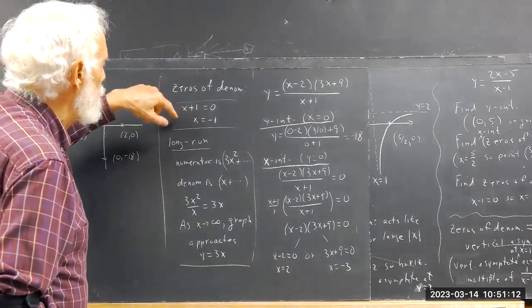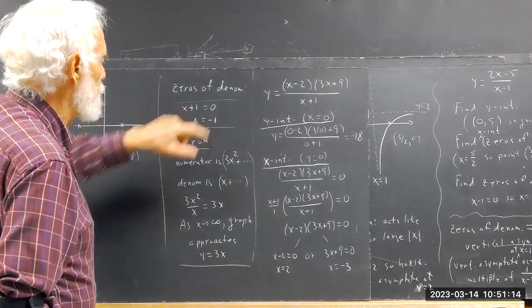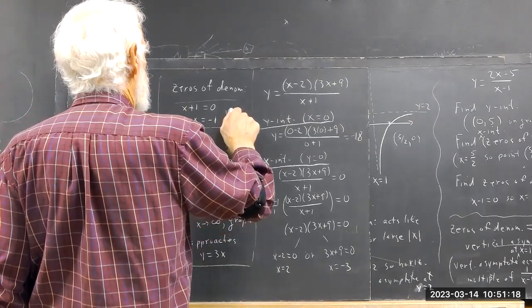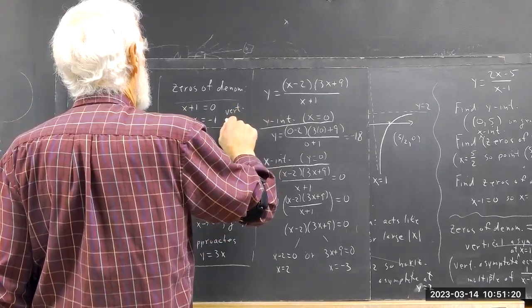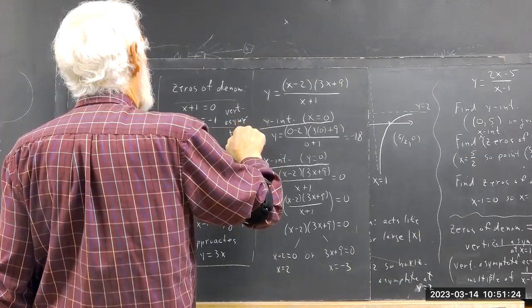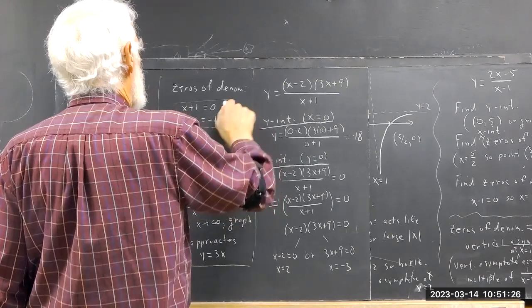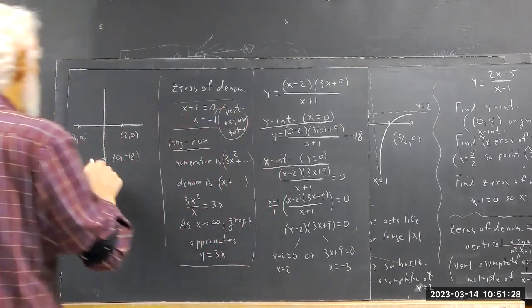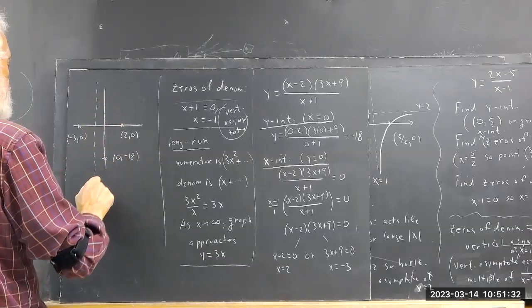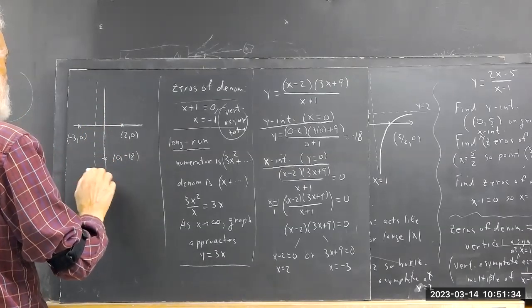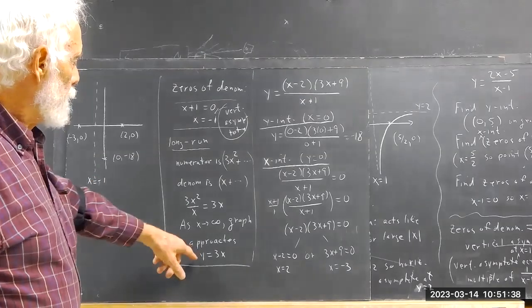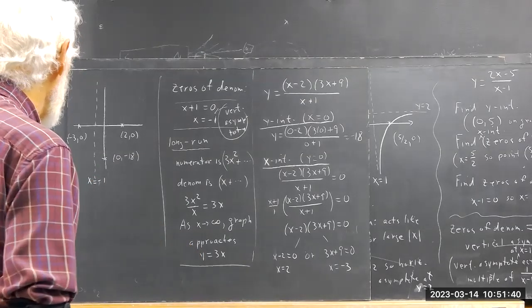We have the vertical asymptote at x equals -1. So let's say here's x equals -1. And the graph also approaches y equals 3x.